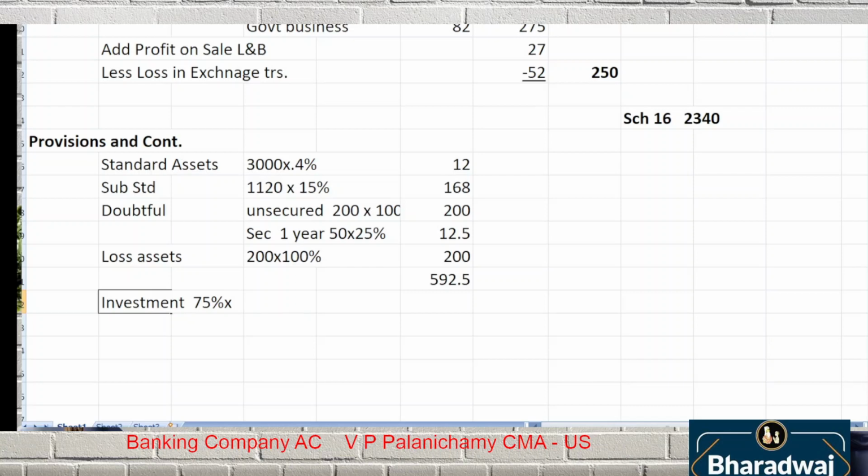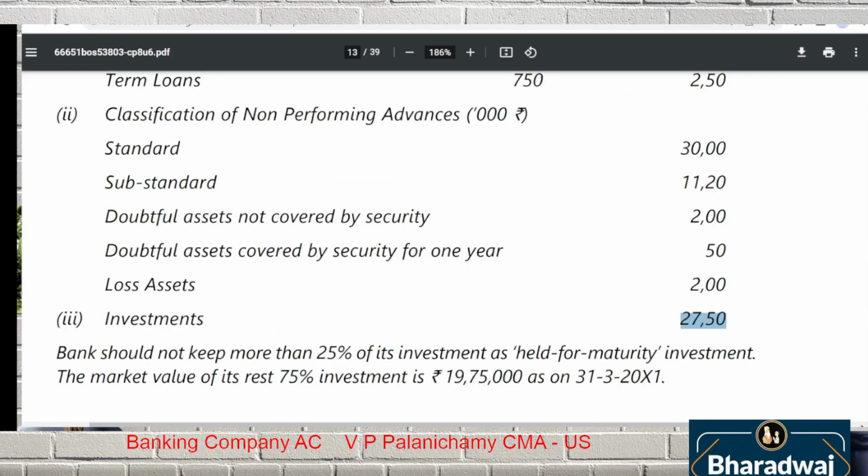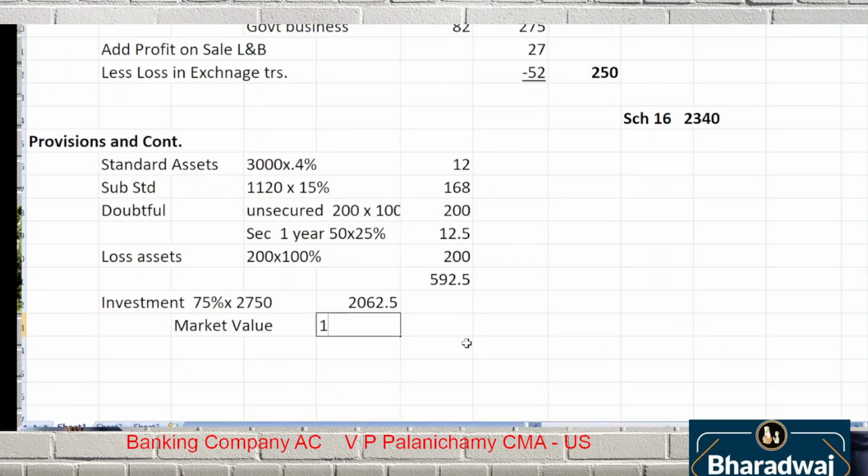Read the question properly. 75% of investment can be taken as held to maturity investment. 25%, trade investments. So the market value is 1975. So reduction in the value of investment also you provide.